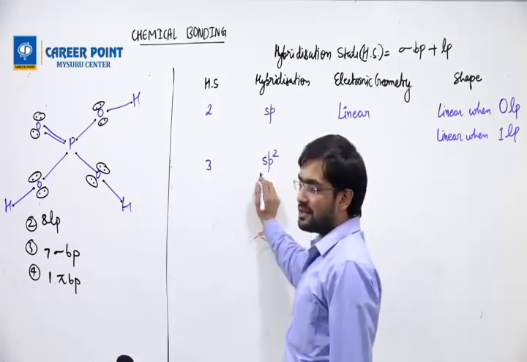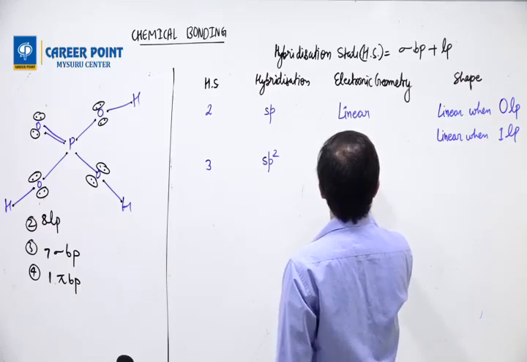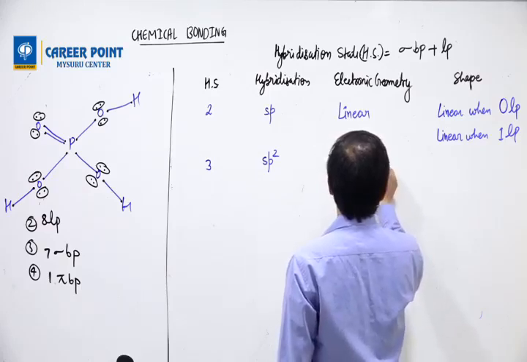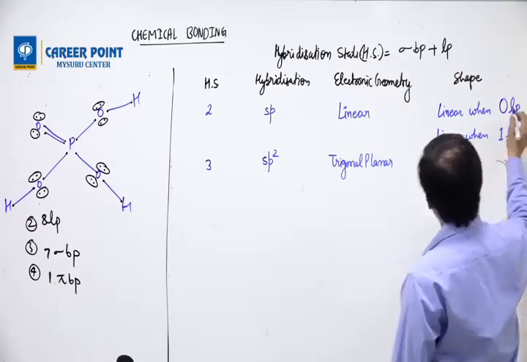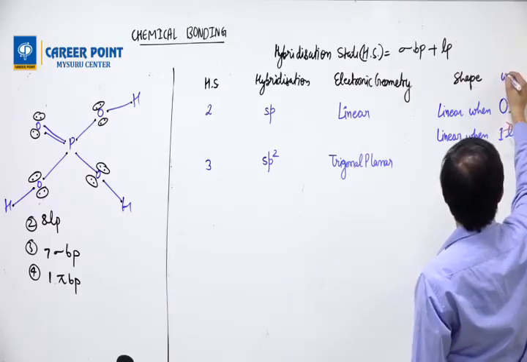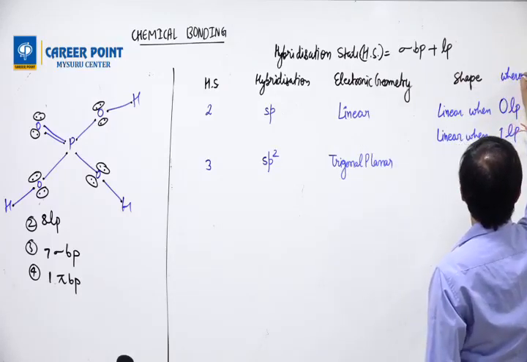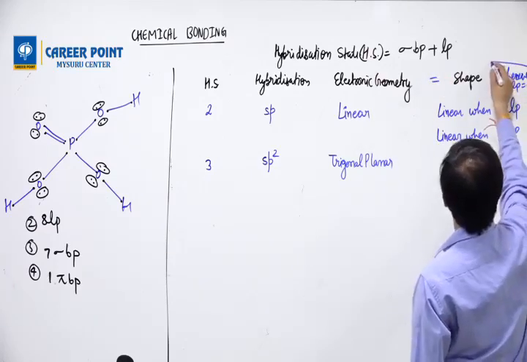When you have hybridization state sp2, the electronic geometry will come as trigonal planar. One more point: whenever lone pair is 0, its electronic geometry is the same as its shape.